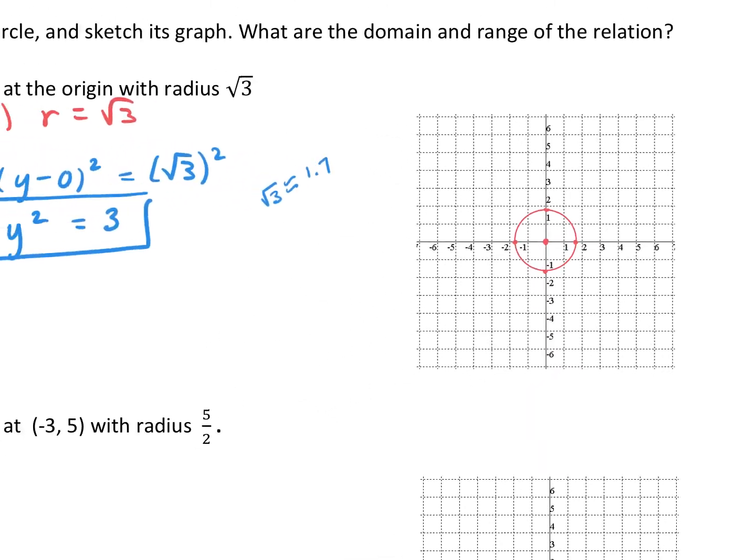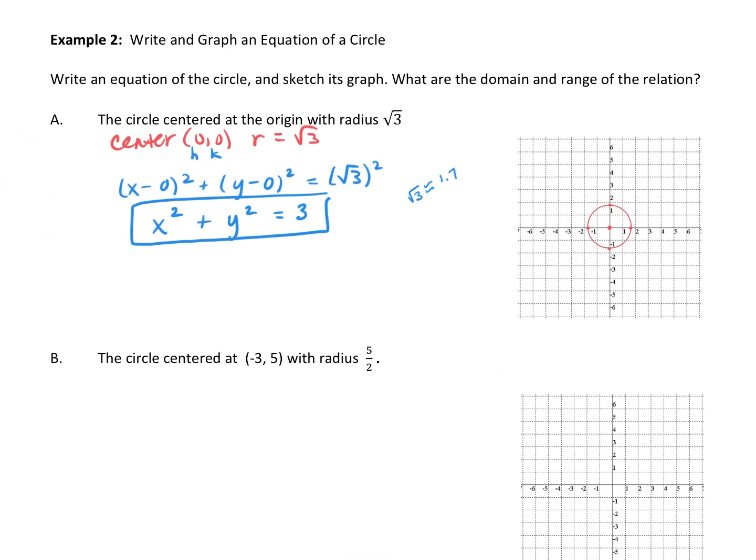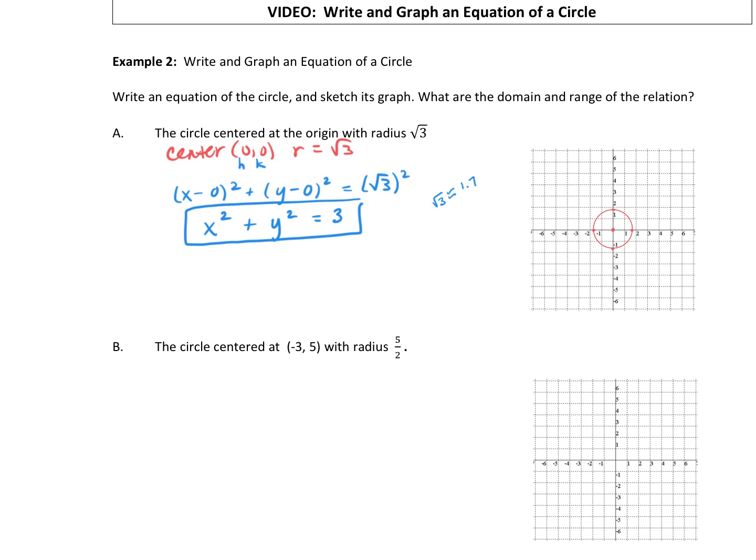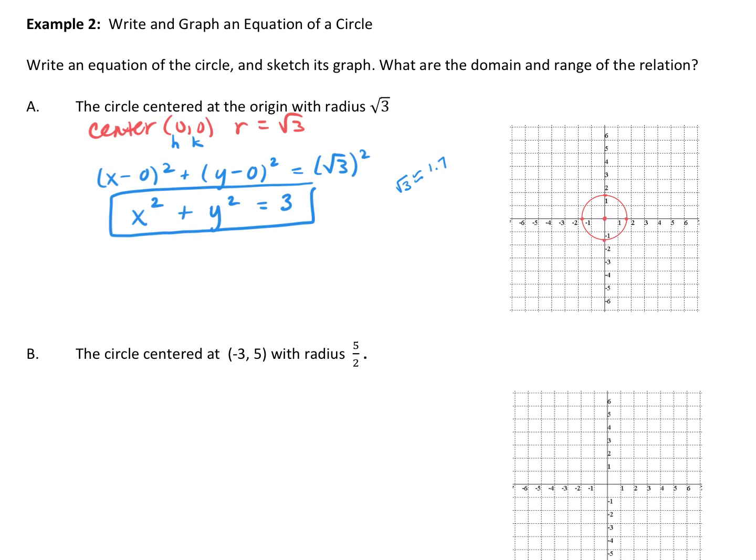All right, so domain and range. The domain, we know, is our x values. If we think about it visually, the domain is how far to the left does your graph go and how far to the right does your graph go. So let's identify our domain, and let's use interval notation.